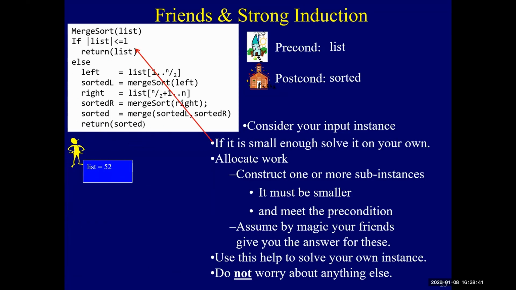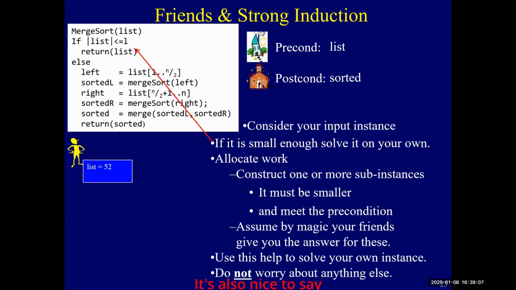All right, and then this can't go forever. So if the input is so small that you can't give something smaller, then you have to solve it yourself. So if the input is of size 1, then it's just one guy, so it's already sorted.